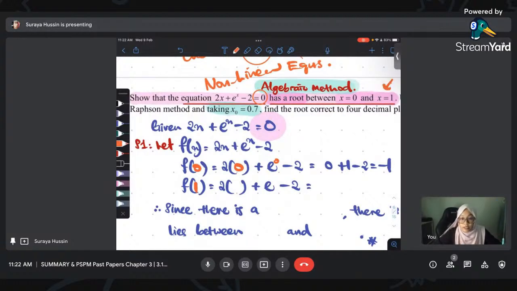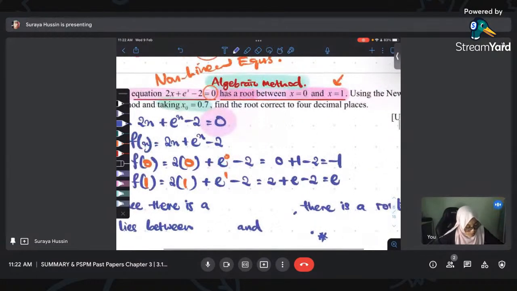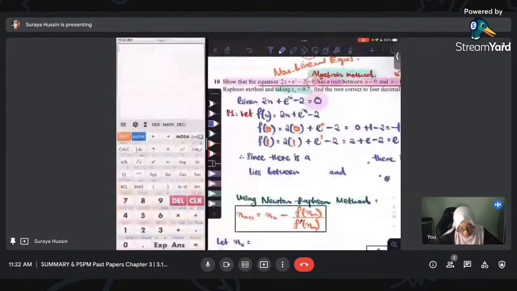And here is 1. Okay, kita pakai yang dia minta ya. Dia yang kata. So we just have to follow it. So 2 times 1 plus exponent to the power of 1 minus 2. Therefore, you will get 2 plus exponent minus 2, which is exponent. Exponent ni adalah 2.8 something something, kan? Macam mana nak check nilai-nilai dia, Miss?